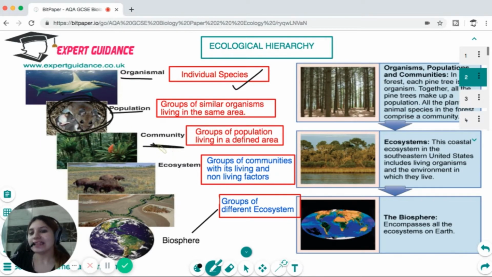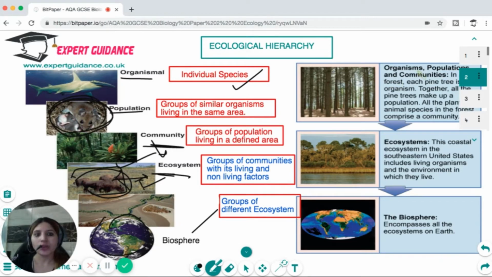And then the community forms an ecosystem, which is the different communities along with the living and the non-living factors. So you can see the cattle, which is living with the grasses and the water, and it is interacting with the other species, and different ecosystems like a land ecosystem or a forest ecosystem make up the whole biosphere.